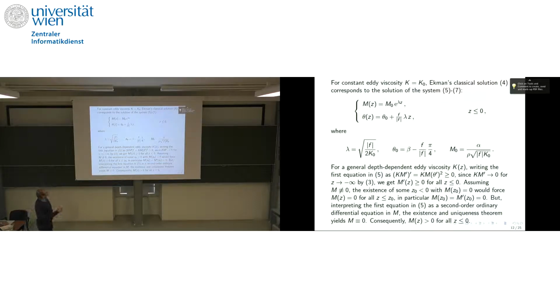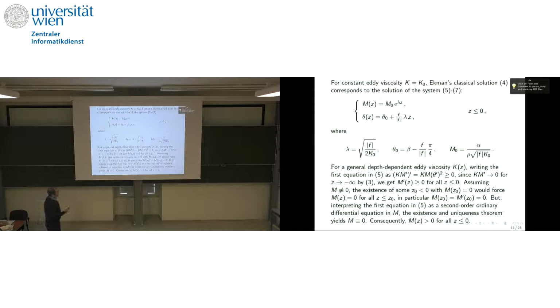Again, this is the speed, it decays exponentially, and this is the angle, and you can see here the angle, depending on the sign of F, lambda is always positive, the rotation is either clockwise or counterclockwise, depending on what hemisphere you're in. Right, so now this is an explicit solution.